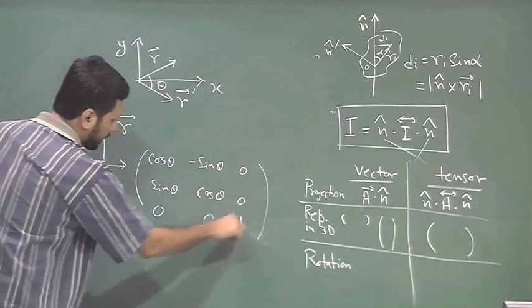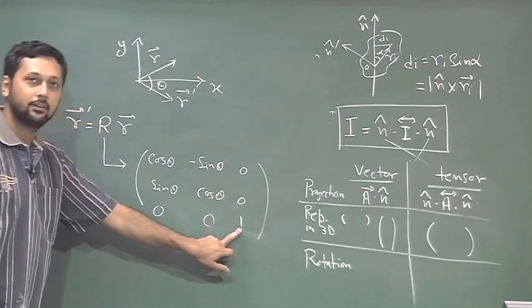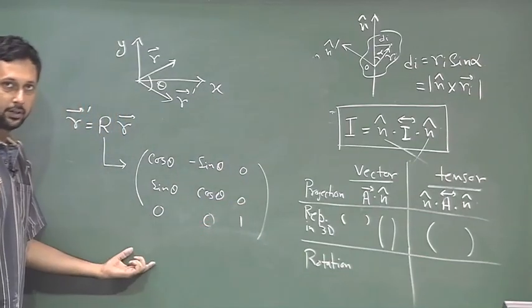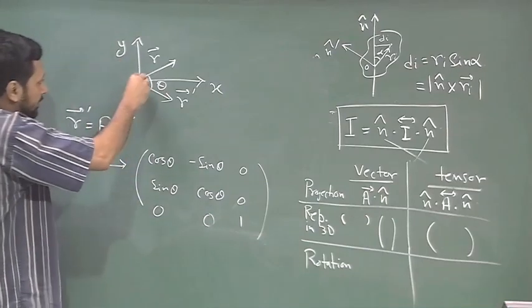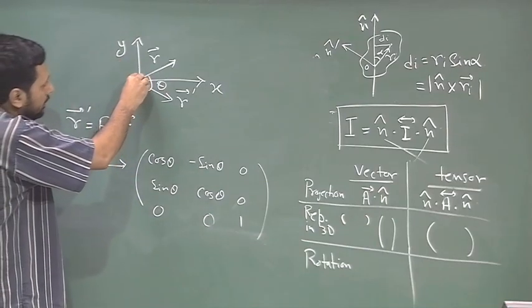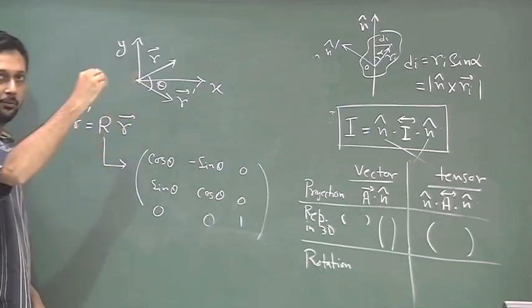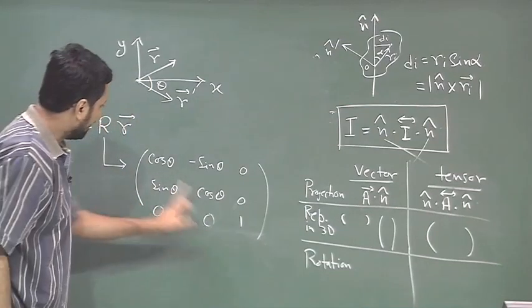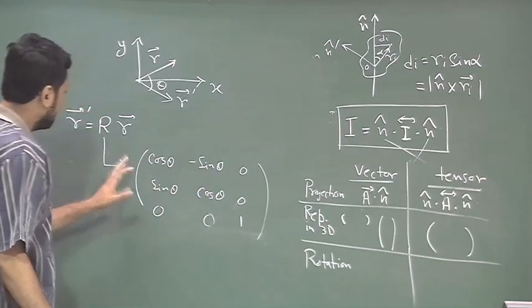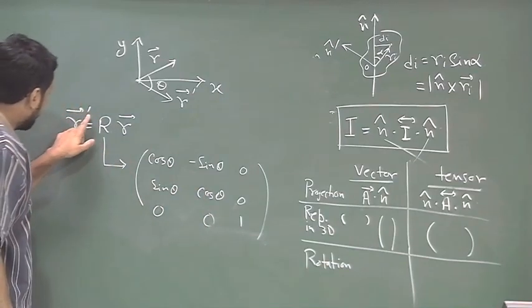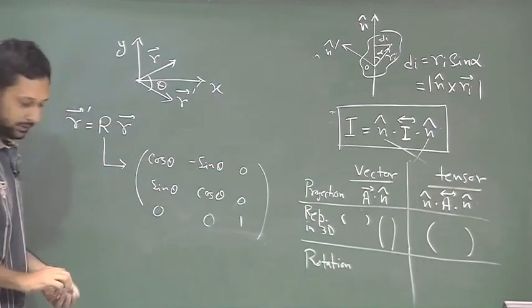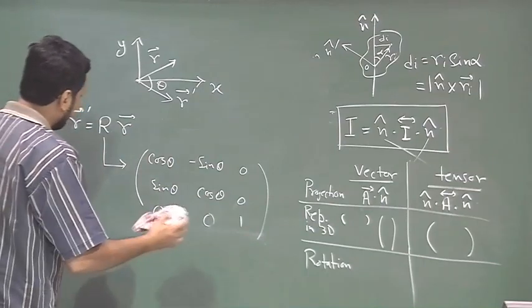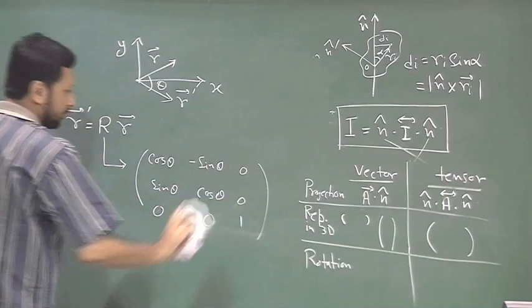This 0 0 1 means the z axis remains invariant under this rotation because it is in the 2D plane. So, the rotation is around the z axis, which is pointing out of this board. That is why we have 1 here. So, the components of r dot and r are related by this matrix transformation. Essentially, because we are just taking 2D, we can get rid of this column also.